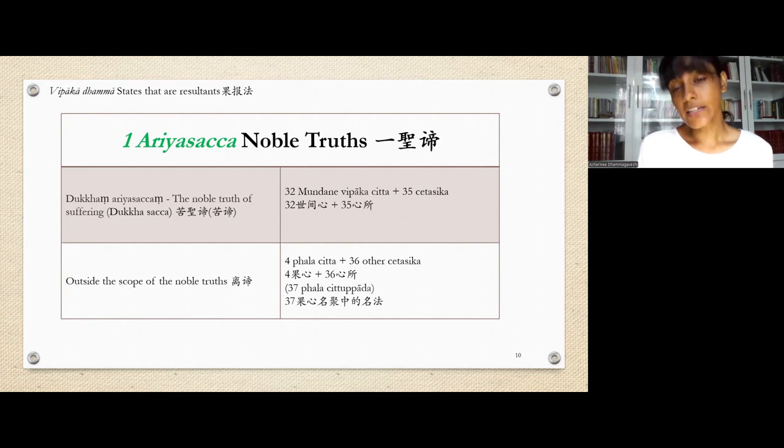Because always think, if you take 1 phala chitta, together with that you get 36 cetasika. And if you go on to add 4 chitta to the cetasika, then you will have to go for a multiple, 36 into 4. So we are just looking at it broadly as 1 chitta and cetasika. That is why we add only 1 to 36 to get the 37 phala cittuppada.